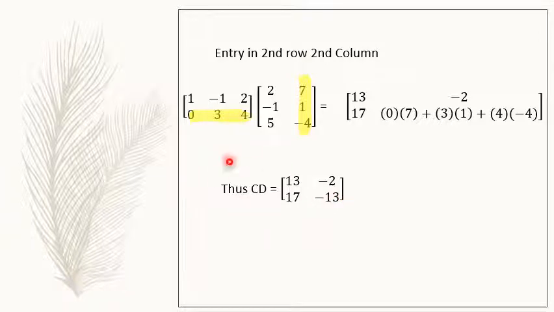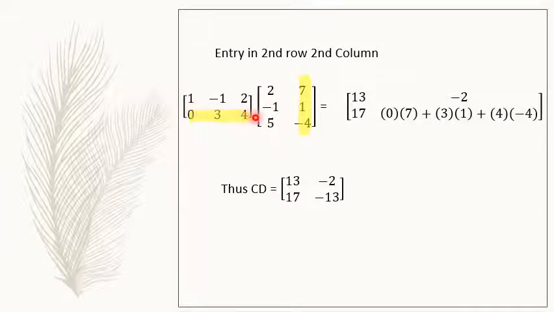So to find the product matrix CD, the first row into first column gives 13: 1 into 2 plus minus 1 into minus 1 plus 2 into 5. First row into second column gives minus 2: 1 into 7 plus minus 1 into 1 plus 2 into minus 4.